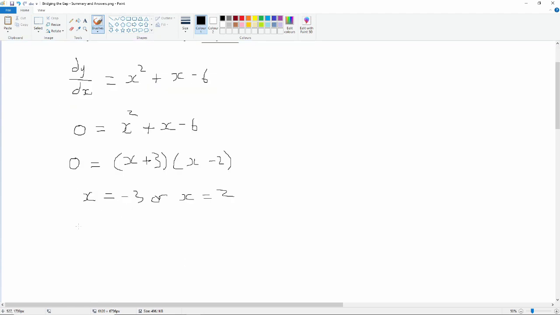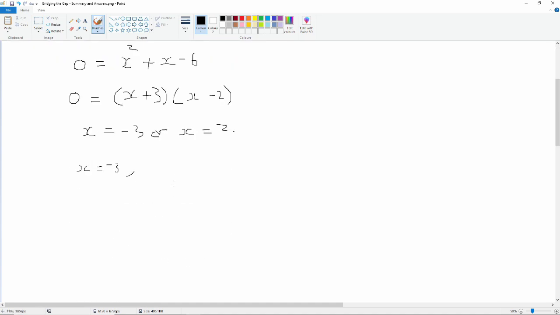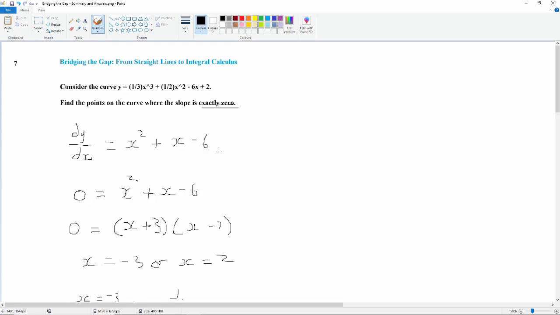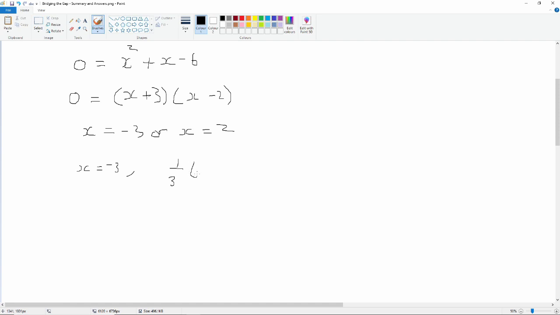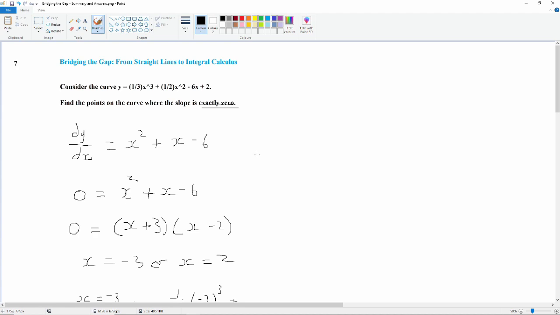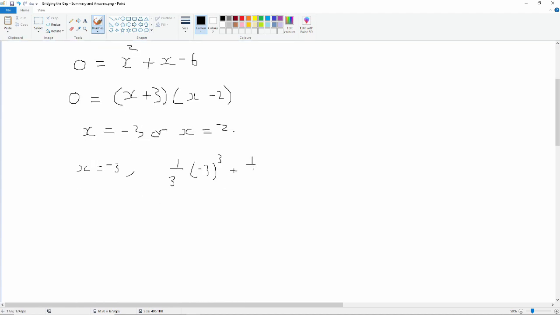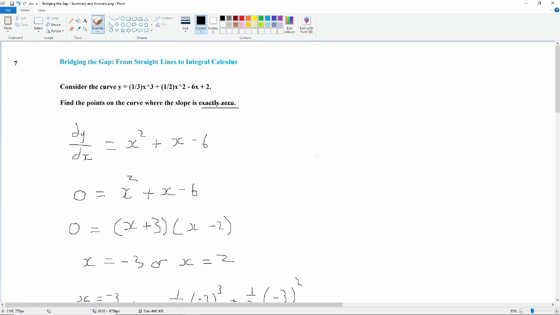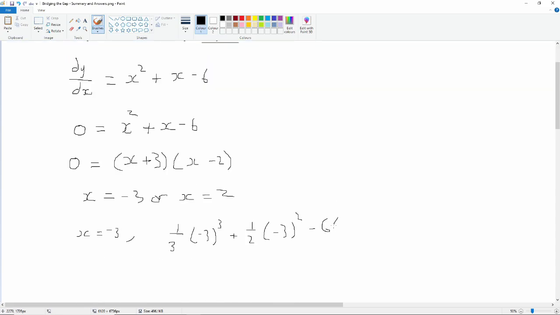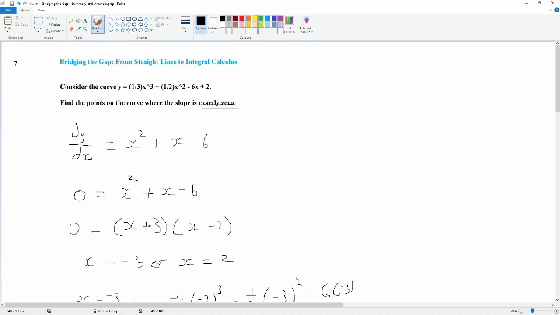Now we need the points. So when x equals negative 3, then y equals 1/3 times negative 3 cubed, plus 1/2 x squared, minus 6 times negative 3, plus 2.